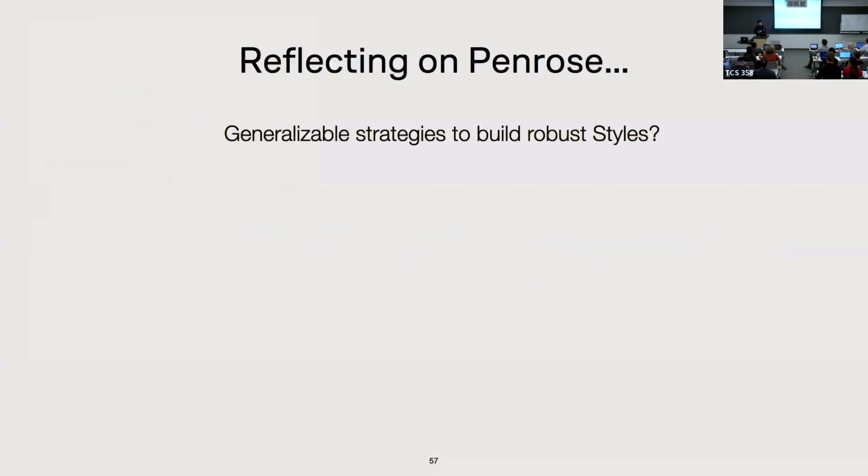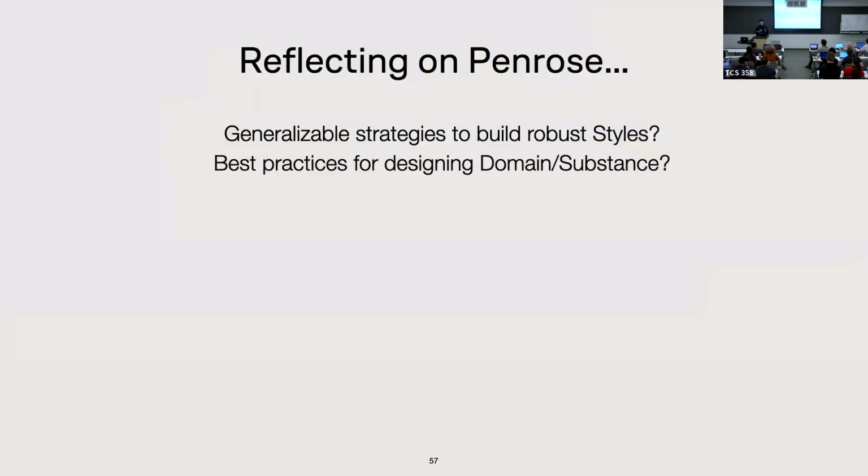For example, what are some generalizable strategies to build robust style programs that will work for all possible substance programs? How to design the domain so people can pick up a new domain really quickly. And some domains have similar shape constructions, constraints, or bigger components. How to reuse and compose these components across the domains, and many, many more questions.